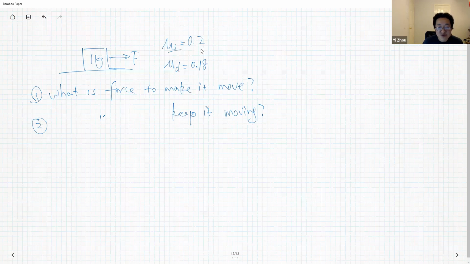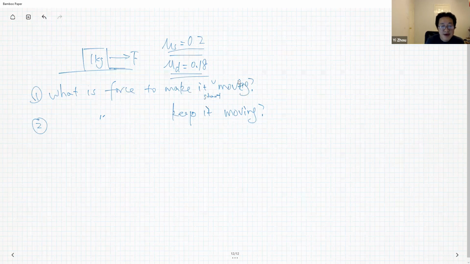All right, so I give you two coefficients of friction, right? So what is the force to make it start moving? Do you have any idea how to do this?